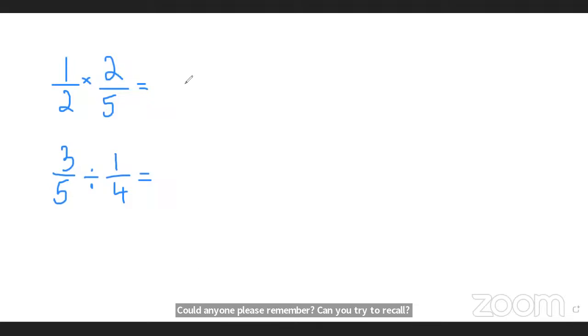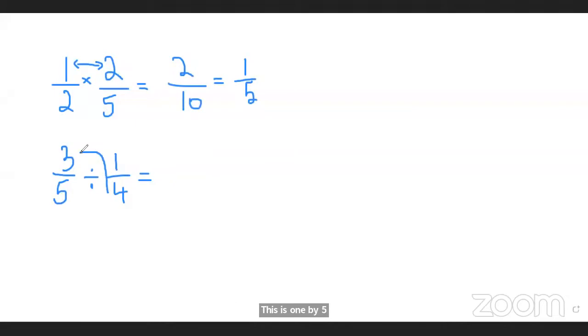Okay, then that's great. I'm going to give you the next one. This is just for revision. So 2 times 2 is 2, 5 times 2, 10. And this is 1 by 5. The second one is a cross multiplication. When I have a division sign, it gets cross multiplied. And over here, 3 times 4 is 12, and this 1 gets multiplied with 5.